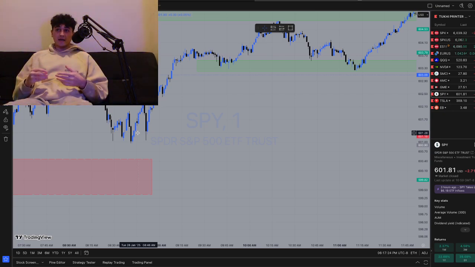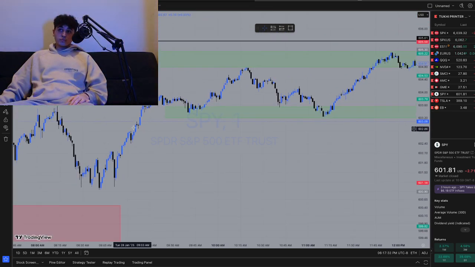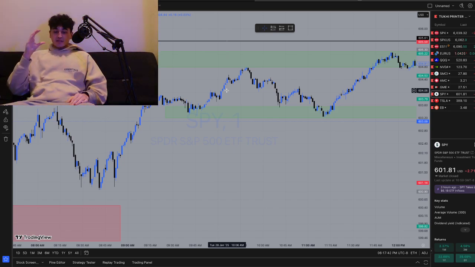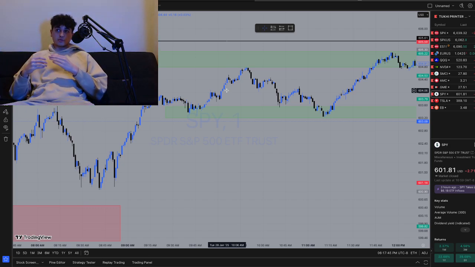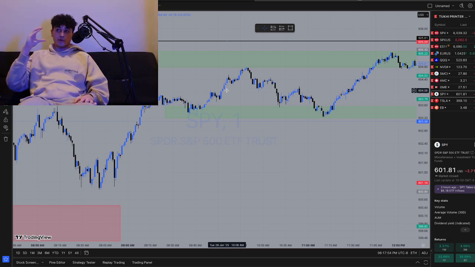Now, supply, those are areas, like I said, where we see lots of sellers. But why do those sellers step in there? Because when price gets super extended and so high that it pretty much can't continue to move up anymore, that's when sellers start to step in and push price to the downside, because price is so expensive that traders want to take profits at the highest point possible, sell at the highest point possible.